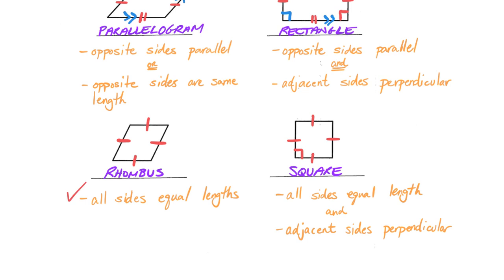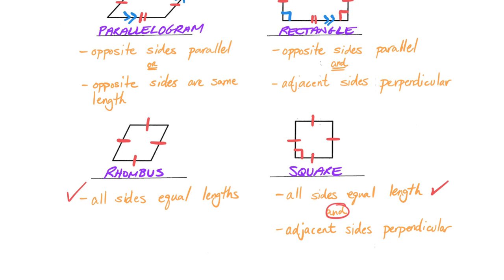Okay, well, a lot of us would sit there and say, well, that's a square. But notice, a rhombus could be tipped to the side. It could be leaning. So all sides having an equal length only satisfies part of the definition of a square. Look at the and.